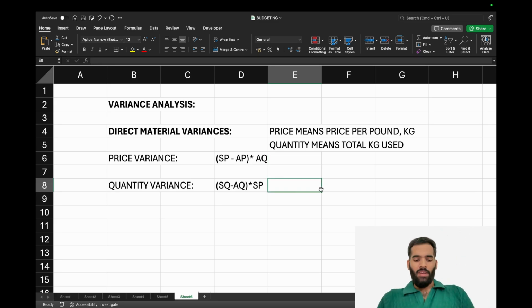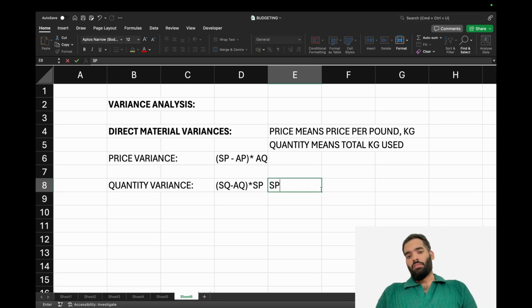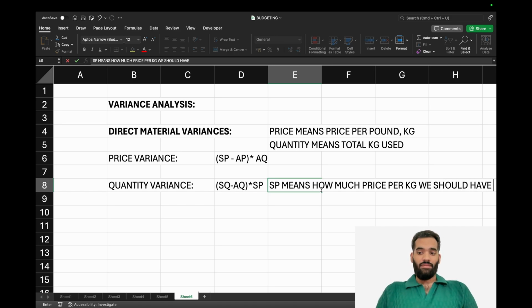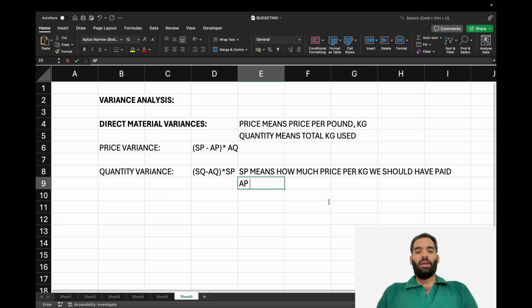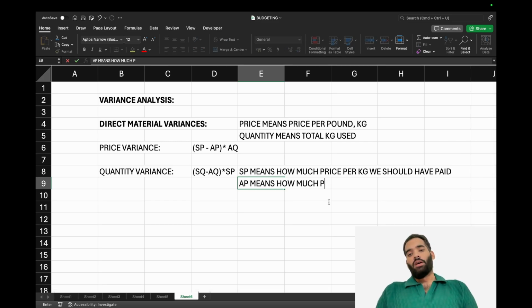I think you might have an idea, but let me explain. Standard price means how much price per kilogram we should have paid to purchase the material. Actual price means how much price per kilogram we actually paid.